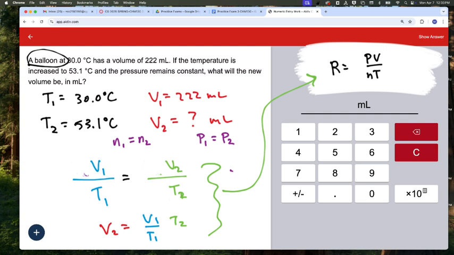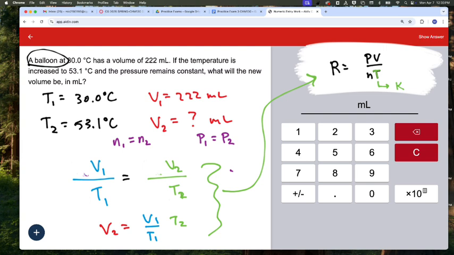Why does that become valuable or important? Well, in PV=nRT, we have to understand some of the conditions that make that equation true. And one of those conditions is particularly relevant when we talk about temperature. The temperature in PV=nRT must be in units of Kelvin. If I'm not in units of Kelvin, that equation doesn't work. What does that mean for me?